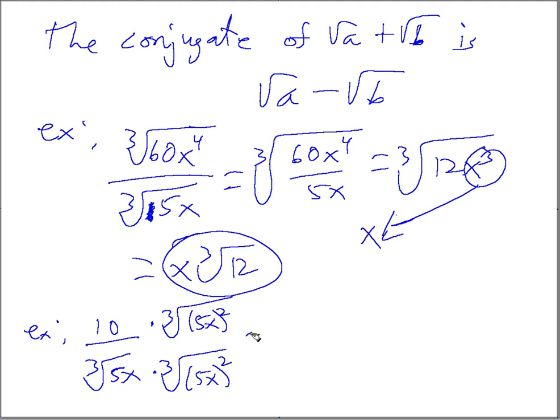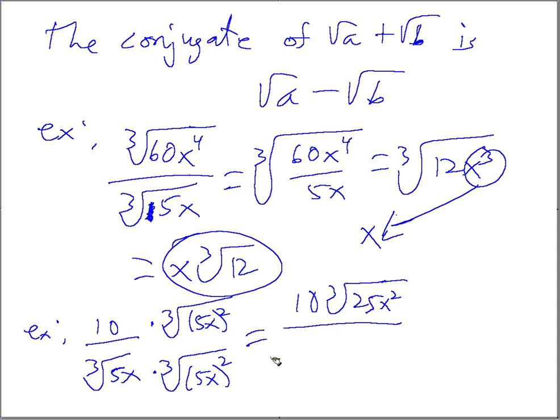Because what is that going to give me? First of all, on top it's going to be 10 times the cube root of 5x squared. I can't take anything out because I don't have any triplets in here, so I'm just going to square this out. That's 25x squared. You with me so far? 5x squared is 25x squared on the top.